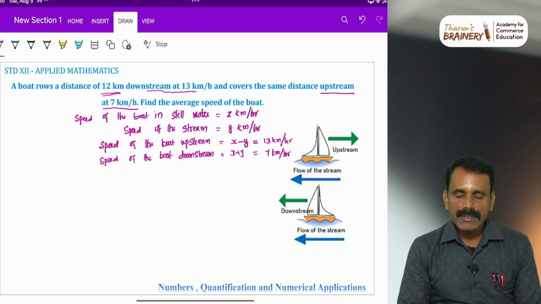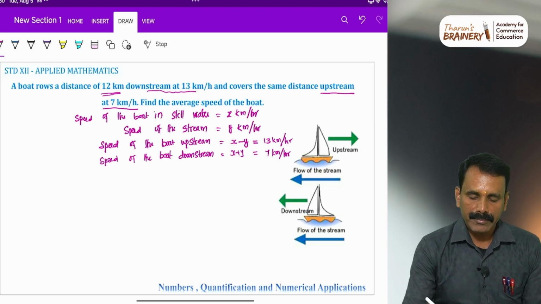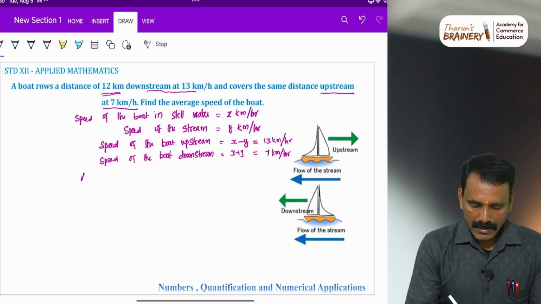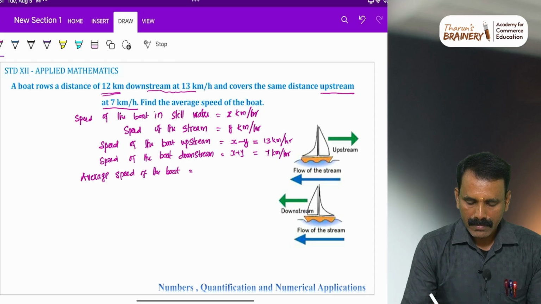So with the help of these expressions, we are supposed to find the value for x and y, because the average speed of the boat is given by the formula x minus y into x plus y divided by x.